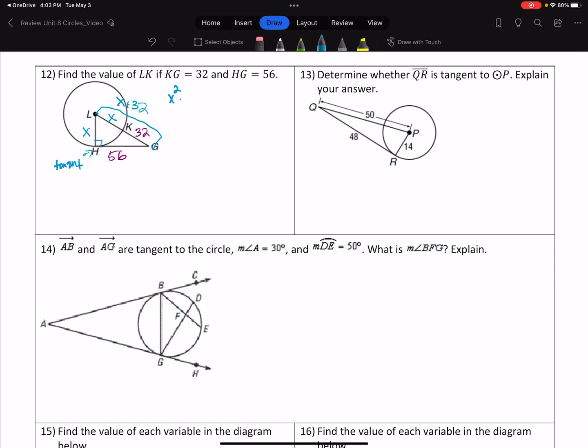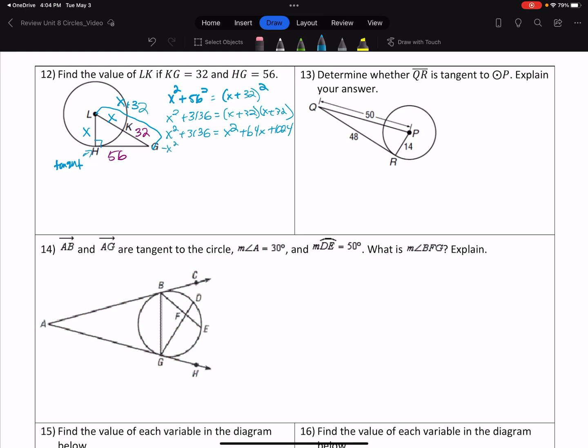So I know X squared plus 56 squared is equal to the quantity X plus 32 squared. I told you guys to make sure that you write everything out. So this is 3136 is equal to, remember this is X plus 32 times X plus 32. So I end up with X squared plus 3136 is equal to X squared plus 64X plus 1024.